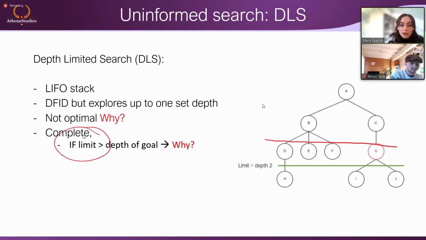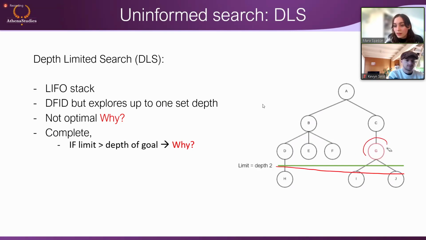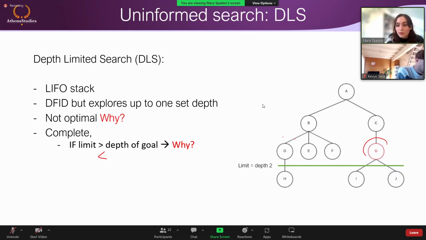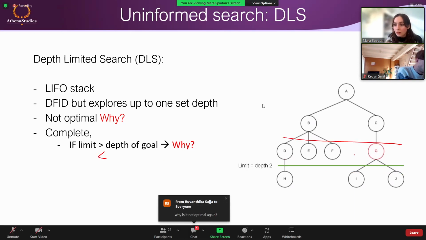So in order for it to be complete, the limit has to be bigger than the depth of the goal. Otherwise, it cannot reach it. Does that make sense? So if the limit is underneath the goal, we can find it. And if the limit is smaller than the depth of the goal, so right here, then it will not find it. It is not optimal since it's just like depth first search.